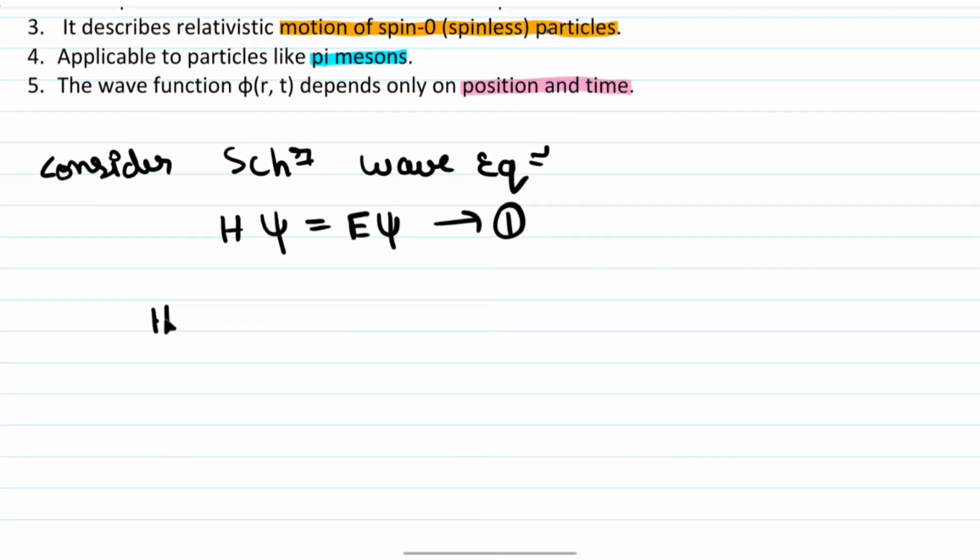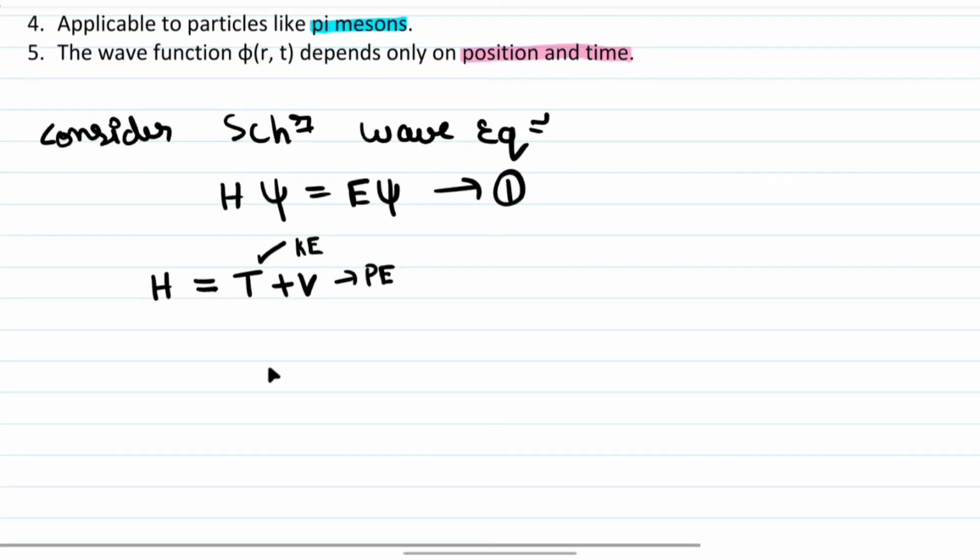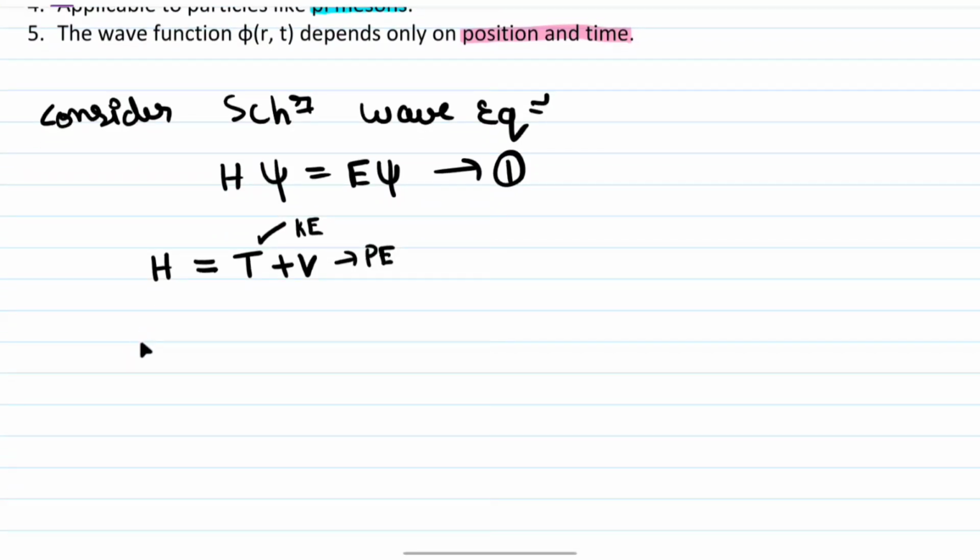But the Hamiltonian H is also given by T plus V. Here T is kinetic energy and V is potential energy. The expression for kinetic energy is p square by 2m, and we are going to take the potential energy as V of r.